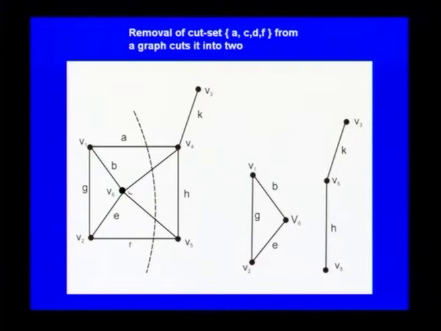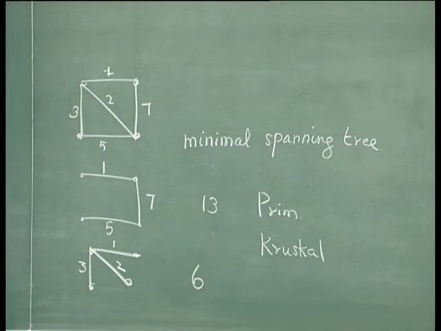Now look at this graph. In this graph, if you remove this edge, this edge, this edge and this edge, these 4 edges if you remove, you get 2 components which are not connected. So let us consider this. I will draw it again on the board.